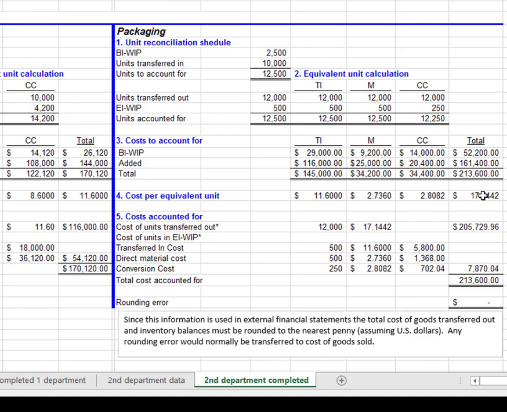I used a round function in Excel to round that to the nearest penny, 2 decimal places, and also this here. Now in this case, it didn't make any difference. There was no rounding error. And this is something you won't have to worry about in class, especially in a principles class. But if you think about it, part of the external financial statements, you have to round things to the nearest penny, things that are going out on those financial statements. And sometimes there would be a rounding error. And normally we would just close that to cost of goods sold. Okay. All right, that takes care of this problem.